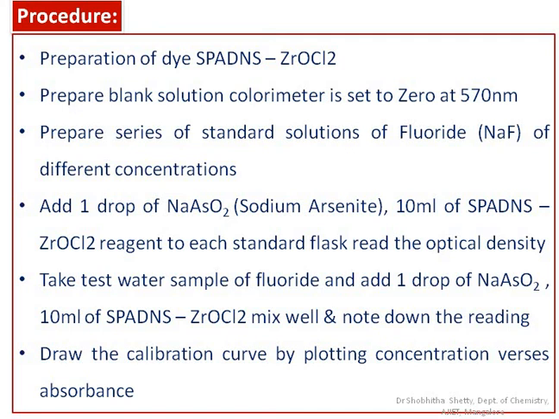We also need to make the solution up to the mark and shake well for uniform concentration, and record the absorbance of all the prepared standard solutions using the colorimeter. Before we record the absorbance, we need to set the colorimeter to 0 by taking the blank solution. So a blank solution has to be prepared and we need to set the colorimeter to 0.